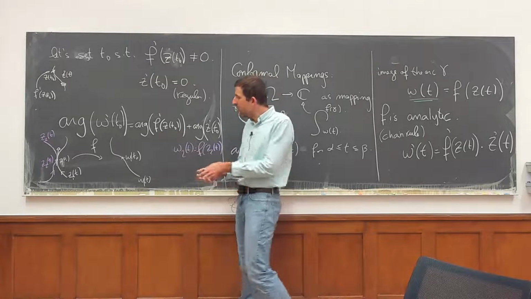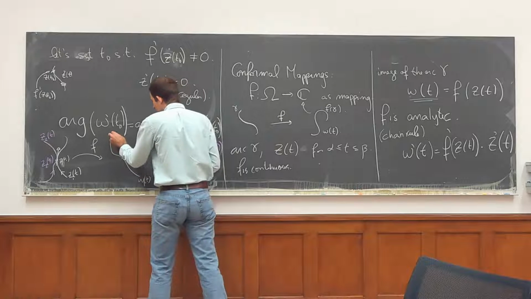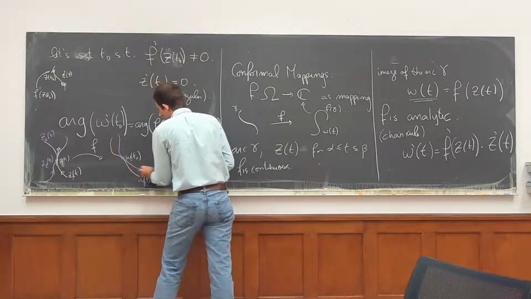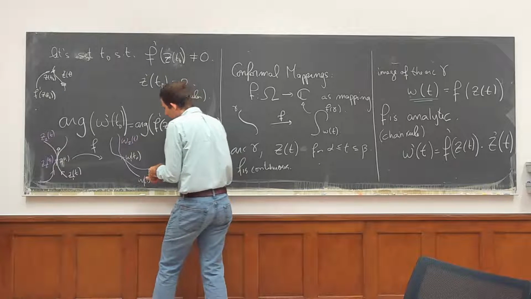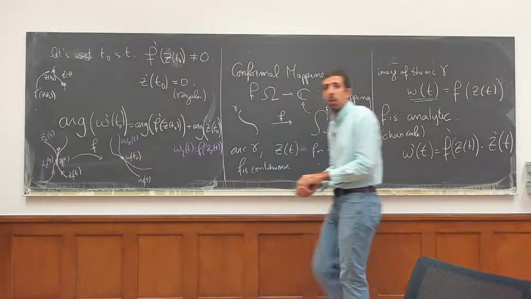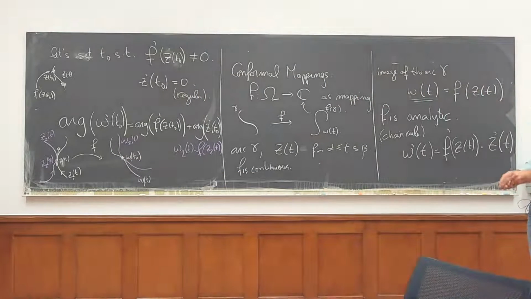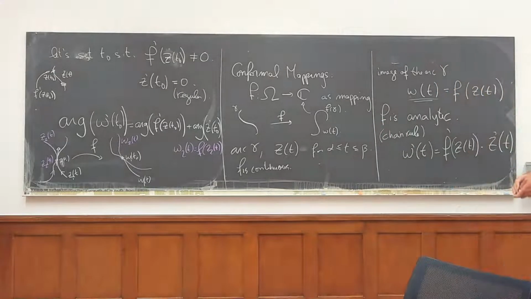So in particular, if the curves were tangent before, they need to still be tangent now. So this maybe is w2 of t. The effect that this mapping has on space keeps tangent arcs still tangent after you apply the mapping.